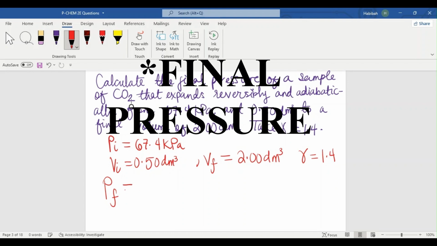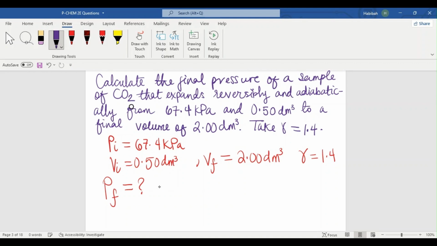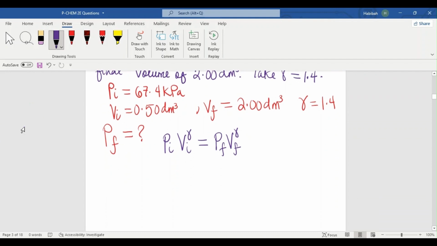For an adiabatic reversible expansion, the formula you would be using is P initial times V initial raised to the power of gamma equals P final times V final raised to the power of gamma. So when you have this, you can rewrite the formula in terms of P final as P initial V initial gamma divided by V final raised to the power of gamma.